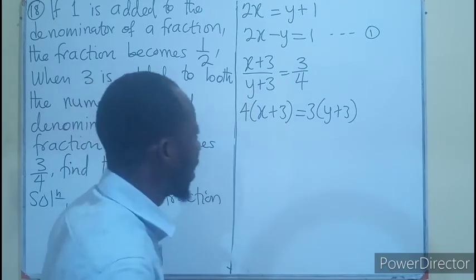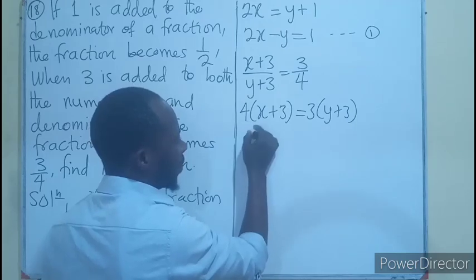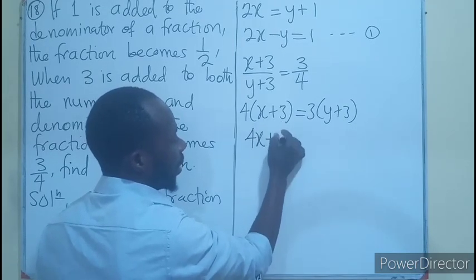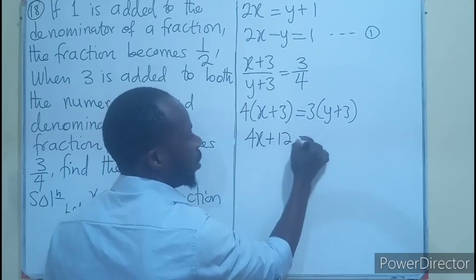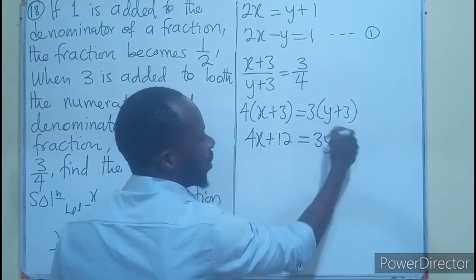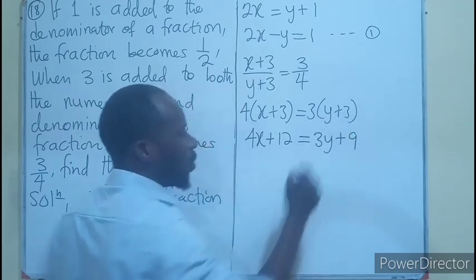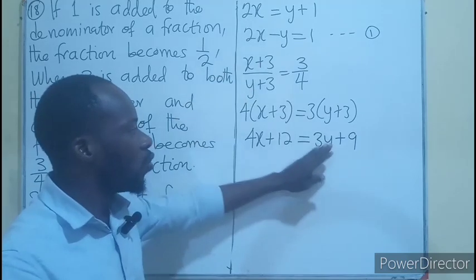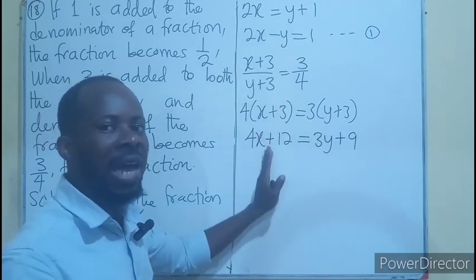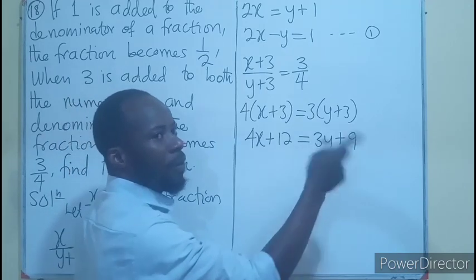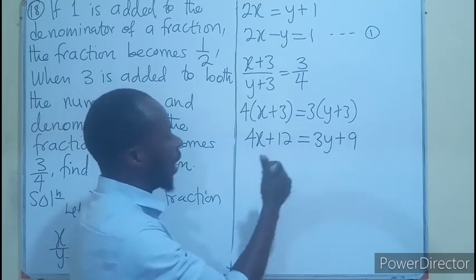We can expand this bracket to have 4 times x, 4x plus 4 times 3, which is 12, equals 3 times y, which is 3y, plus 3 times 3, which is 9. Just as we did in the first equation, grouping the variables to one side and the constants to the other, I'll be subtracting 3y from both sides and 12 from both sides.